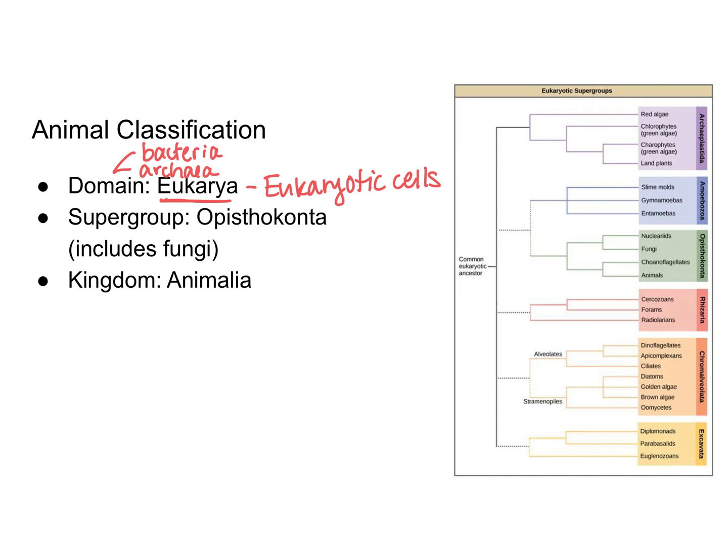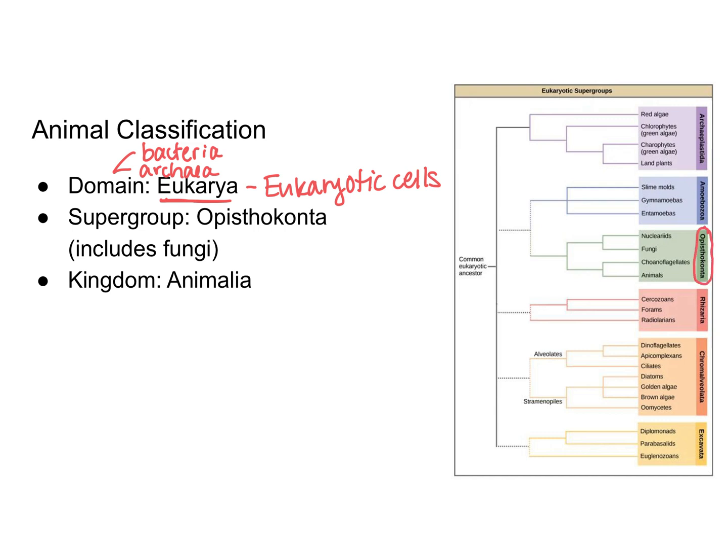Now, moving from the broad classification of domain and moving towards a slightly more specific or more limited level of classification, animals are in the supergroup Opisthokonta, which includes the fungi. And we can see that here in this green.